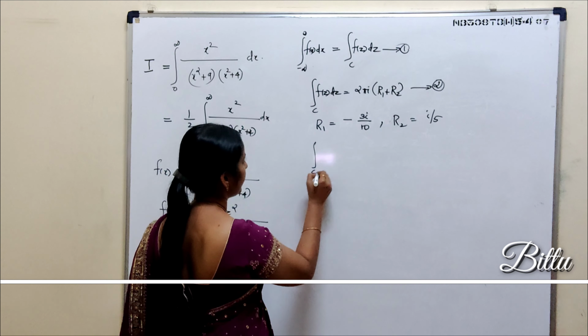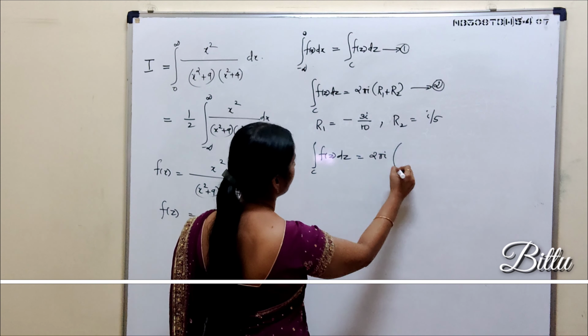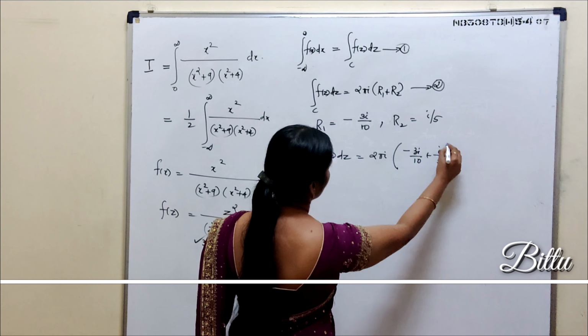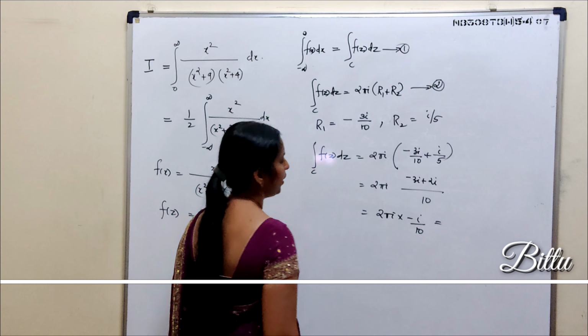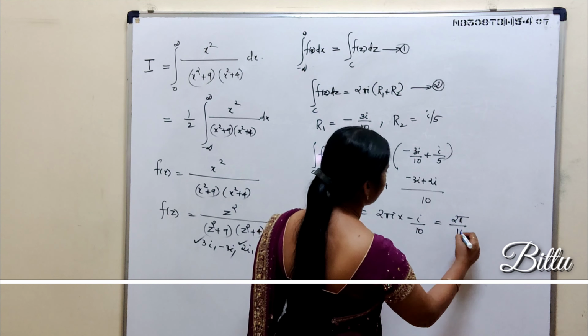So the integral over C of f(z) dz is 2 pi i into (minus 3i by 10 plus i by 5). You take 10 as the LCM. It is minus 3i plus 2i. That is 2 pi i into minus i by 10. I square is minus 1, so 2 pi by 10, that is pi by 5.